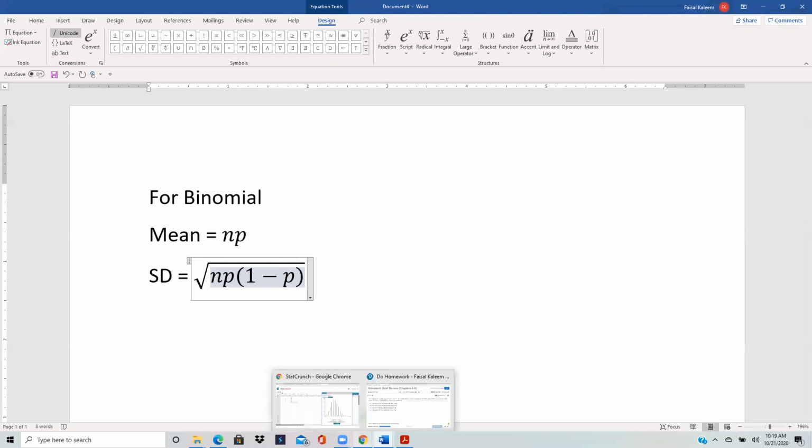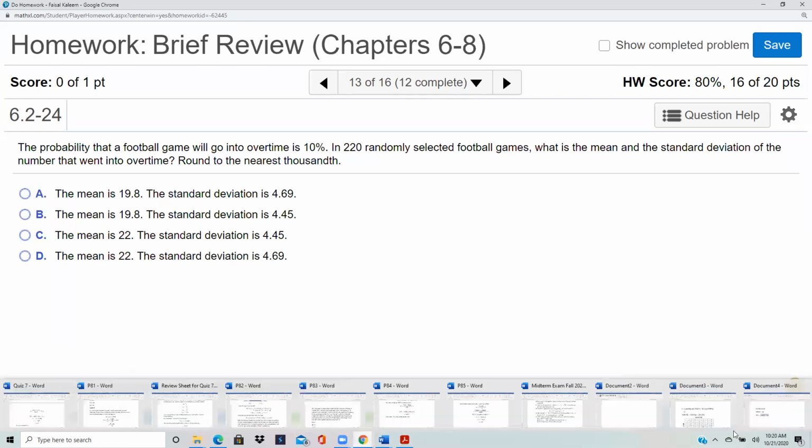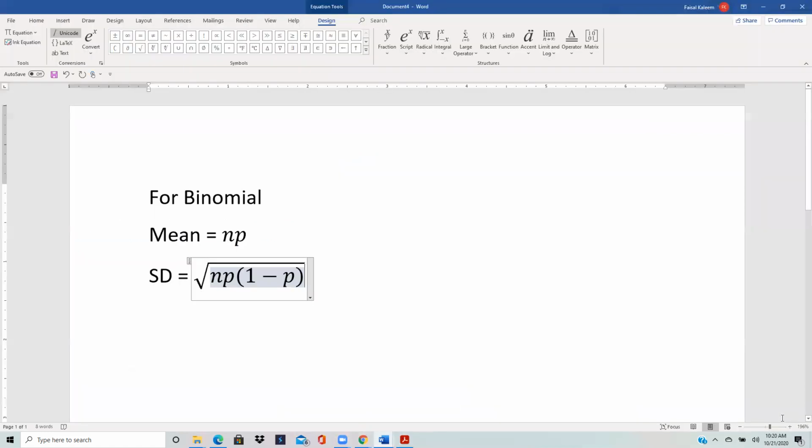Well, here, what is n and what is p? n is 220, and then p is the 10%, which is, wouldn't it just be 0.1? Yeah.